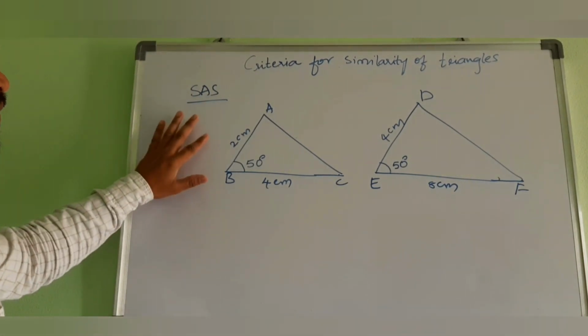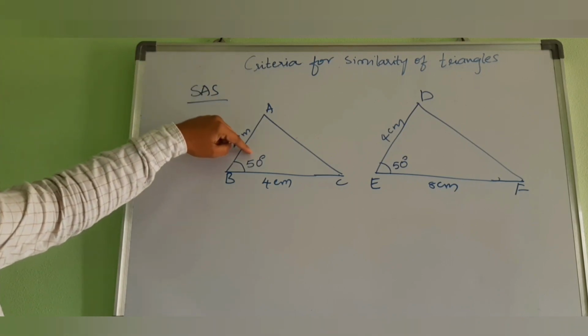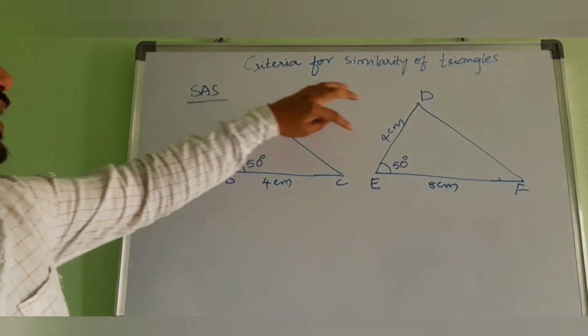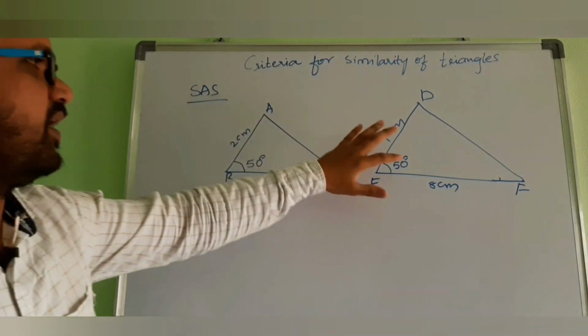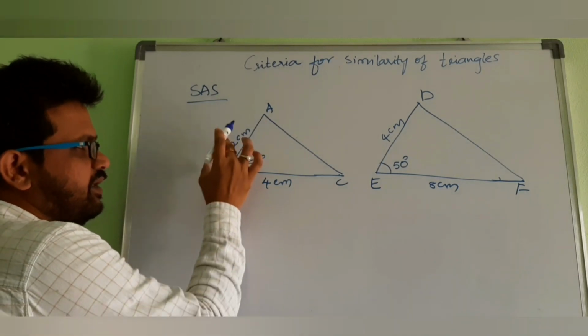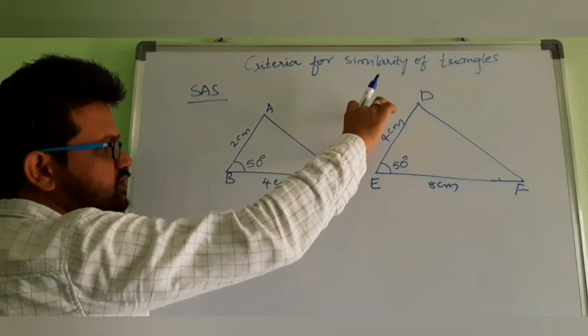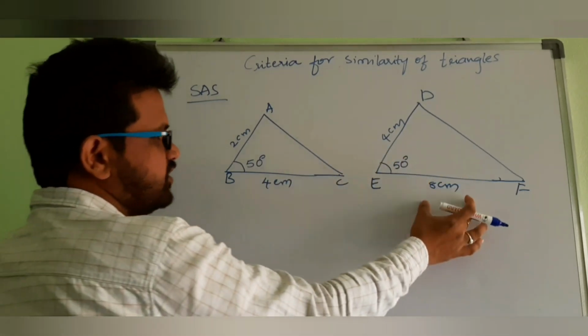If you observe, in these two triangles angle B is equal to angle E, and AB corresponds to DE and BC corresponds to EF.